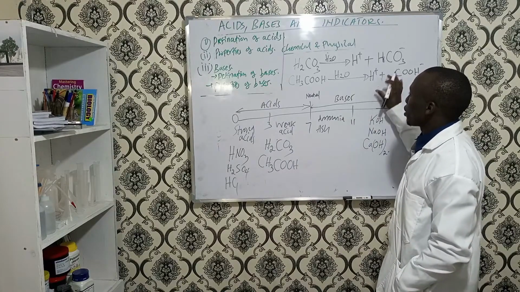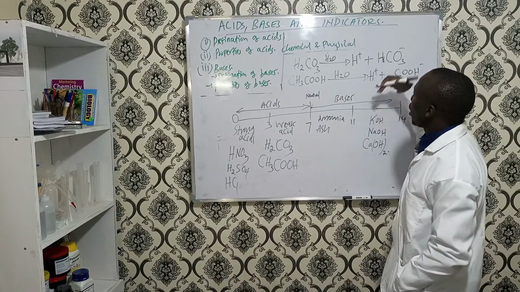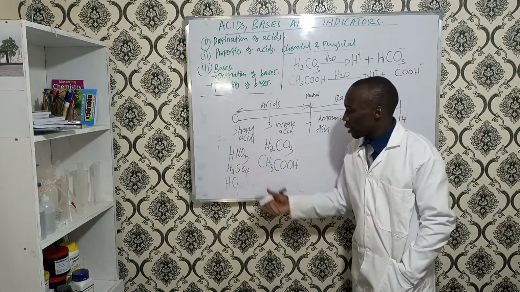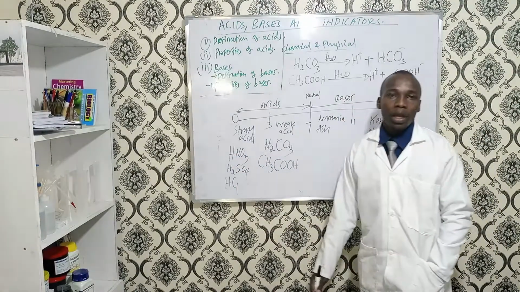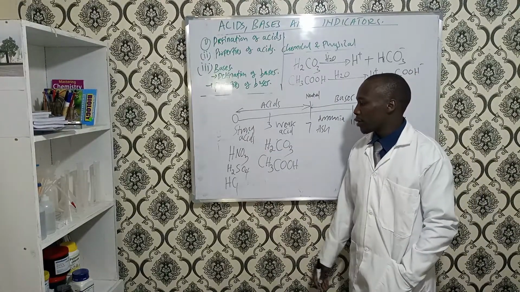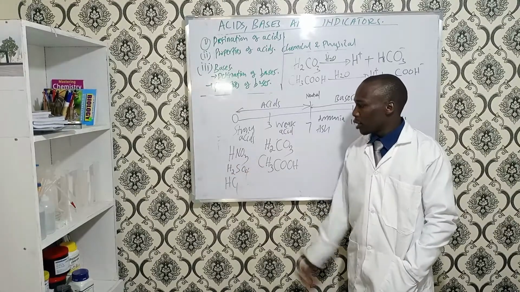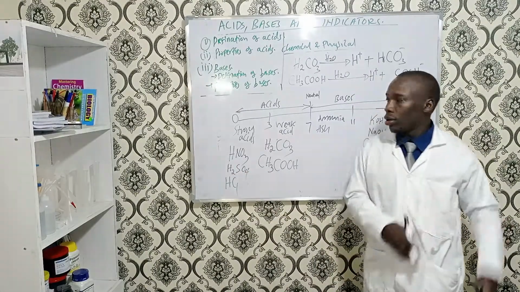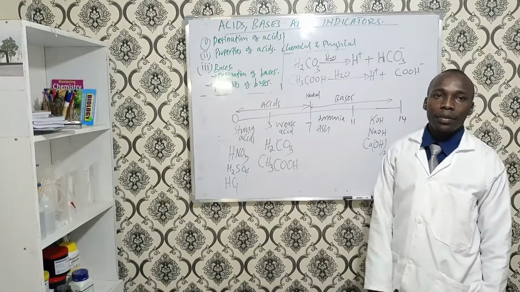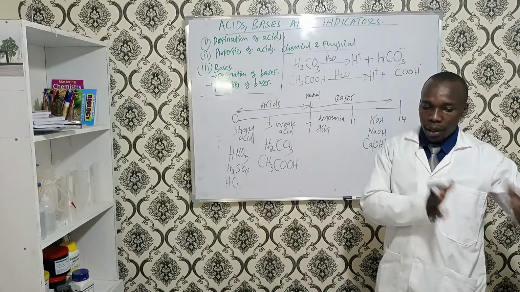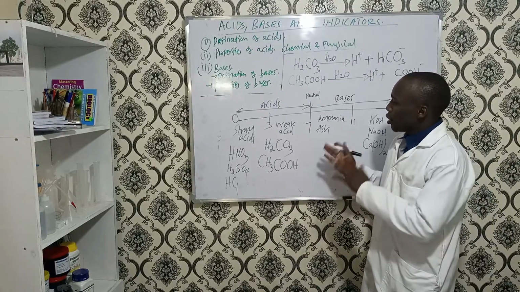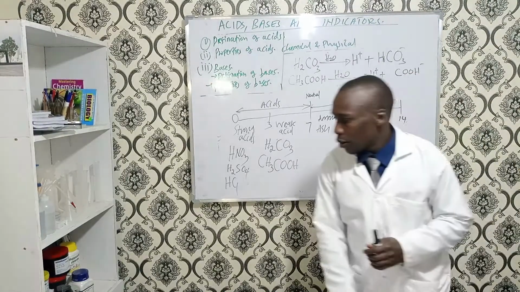So due to this property, we say this is a weak acid. But for the cases of nitric acid, sulfuric acid, and HCl, they all undergo complete dissociation to give us hydrogen ions. So the number of hydrogen ions in a strong acid is normally more than the number of hydrogen ions in a weak acid. And because of that, we have weak acids and strong acids. So that is the difference between strong acids and weak acids.